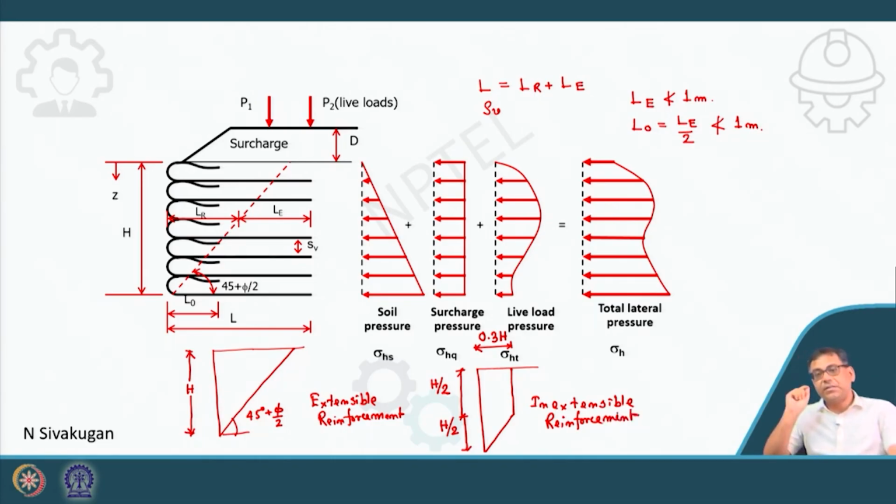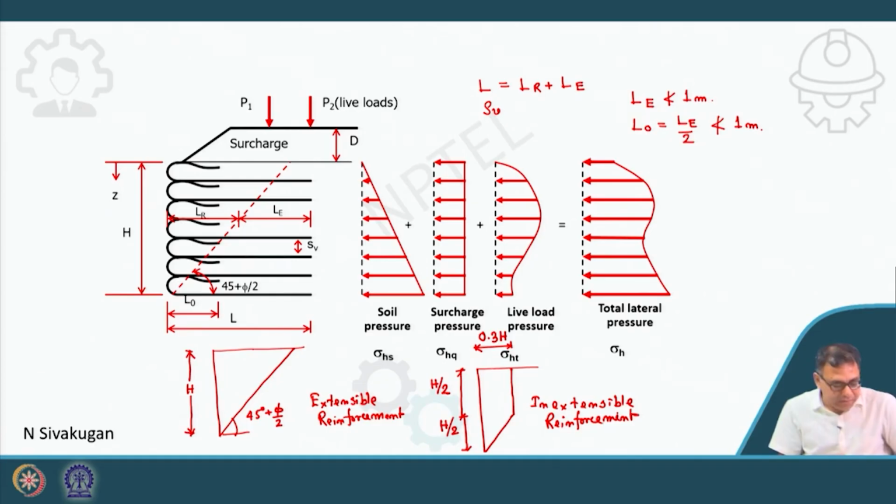What is inextensible reinforcement? Extensible means the reinforcement can extend, and inextensible means it will not extend. Inextensible reinforcements are very stiff, but in the design I will use geotextile, which is not that stiff. So, it will be treated as an extensible reinforced retaining wall.